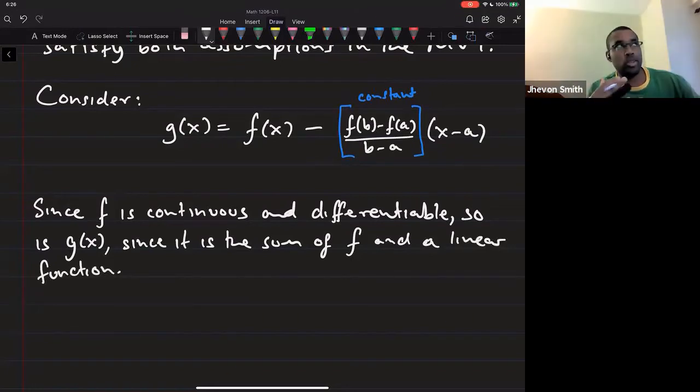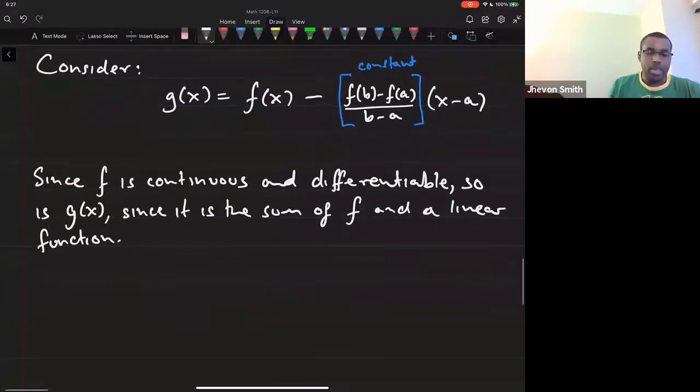We know that if we add two continuous functions, you get a continuous function, and a linear function is continuous. It's a polynomial. So if f is continuous, then f plus a polynomial is also continuous. We also know that the derivative of a sum is the sum of the derivatives. We know that f is differentiable, and that a line, y equals mx plus b, is differentiable. So if I add them together, that is also differentiable. I would just take the derivative of each part. So it's continuous and differentiable.